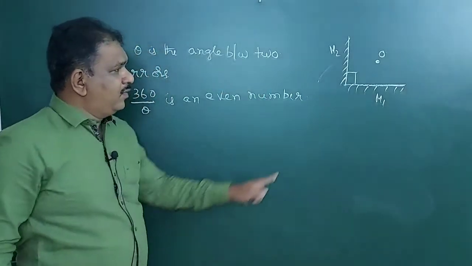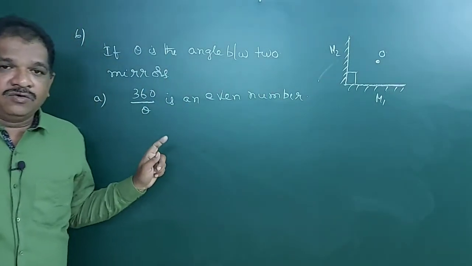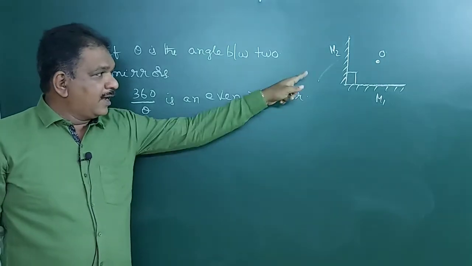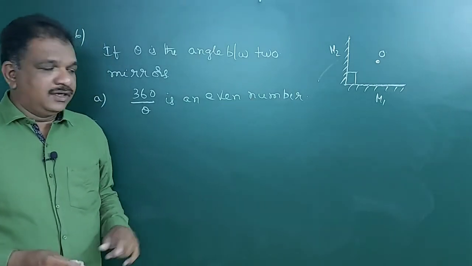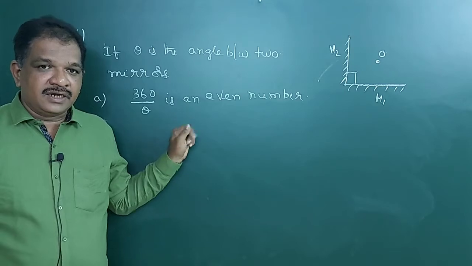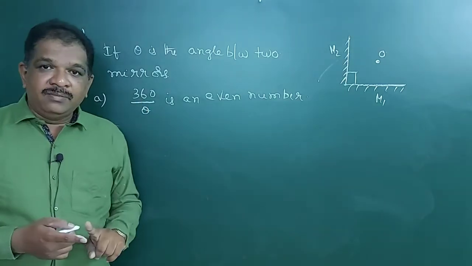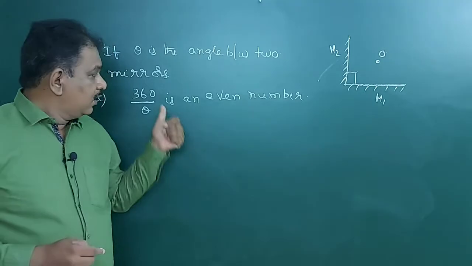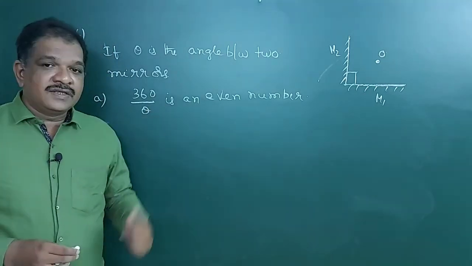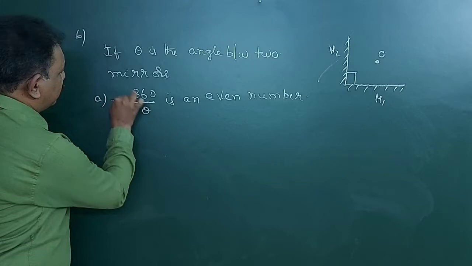Here the angle will be 90 degrees. 360 by 90 will be how much? 4. Angle between them is 60 degrees. 360 by 60 will be how much? 6. That is even. If theta is the angle between the two mirrors and 360 by theta is an even number, I am assuming this is equal to m.